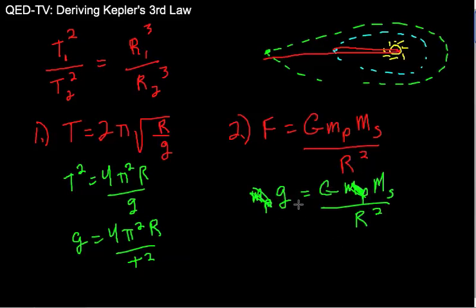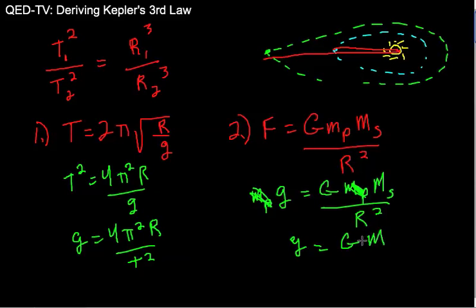So if I'm talking about all planets going around the sun here, I'm going to have an equation that says g equals big G, mass of the sun, or whatever we're going around. I mean, these could all be satellites. Both these could be used for satellites going around the Earth, too. So this big M could be the mass of the Earth or the mass of whatever we're orbiting around.